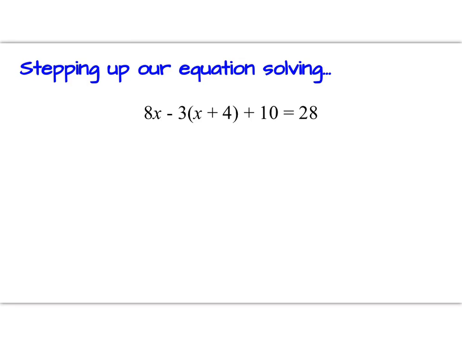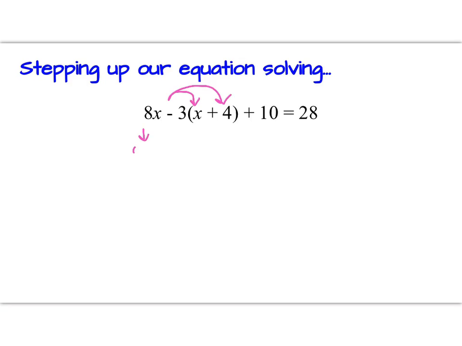So when I see this equation, I see that I have multiple steps. The first thing I need to do is always get rid of the parentheses if I have that, which means with this one, I'm going to have to distribute. So when I see this 3 outside the parentheses, I need to realize that it's really a negative 3. So I need to distribute the negative 3 to the x and the negative 3 to the positive 4.